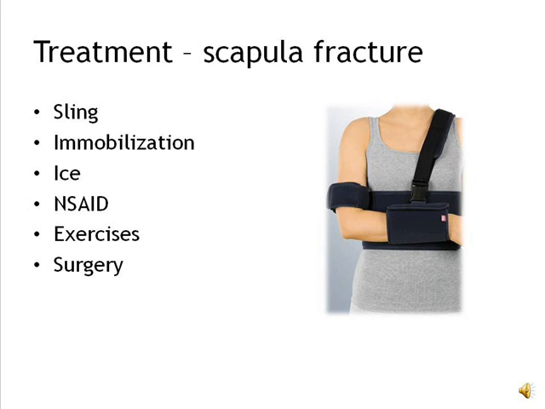In these instances, the patient may need surgery in which the doctor uses plates and screws to hold the bone together. But most fractures of the scapula can be treated without. About 10 to 20% of scapula fractures need surgery.